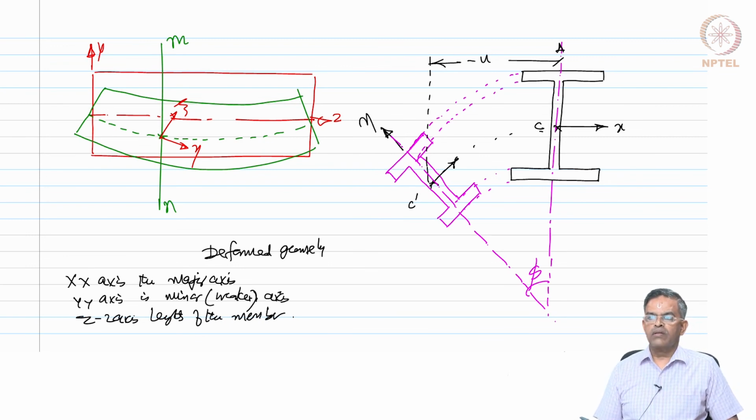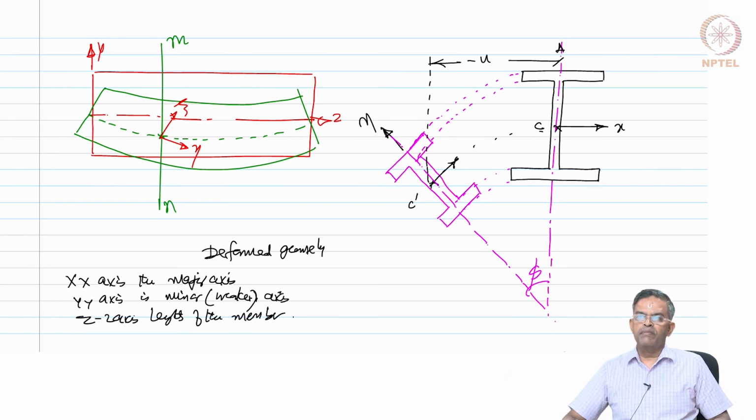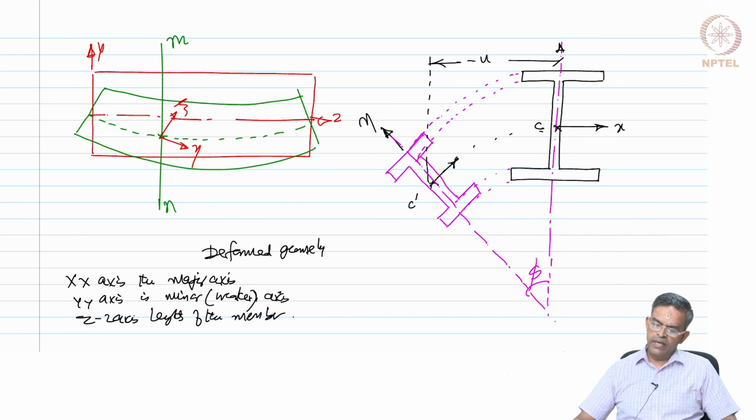Let us take a section along the span of the member and view this section before and after deformation. That is what we have drawn. So, as we focus on the lateral deformation, it can be seen that the lateral deformation of the beam is along the x axis, correct? The compression flange has bent out of plane about its minor axis. Okay. The section gets twisted, which can be seen in the side view of the section.